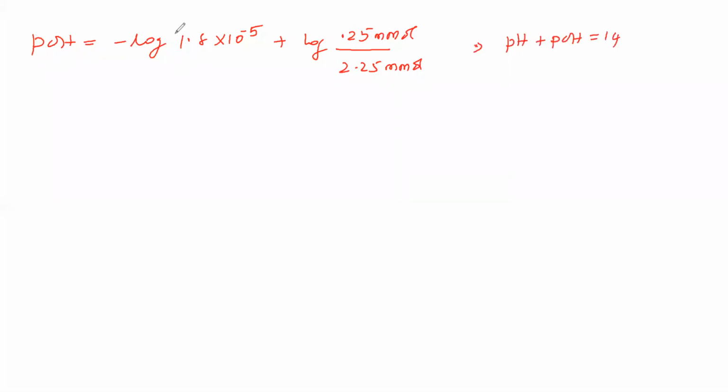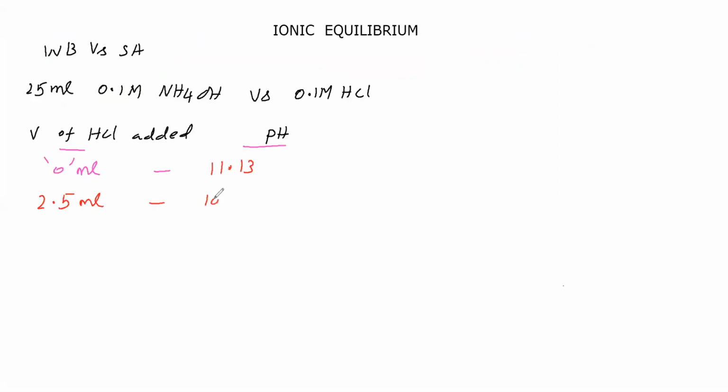We substitute this pOH into this formula and we get the pH of the resultant solution. pH is 10.21. Now see, initially in the conical flask only ammonium hydroxide is there, having pH 11.13. From the burette we are adding HCl. How much have we added? 2.5 ml.